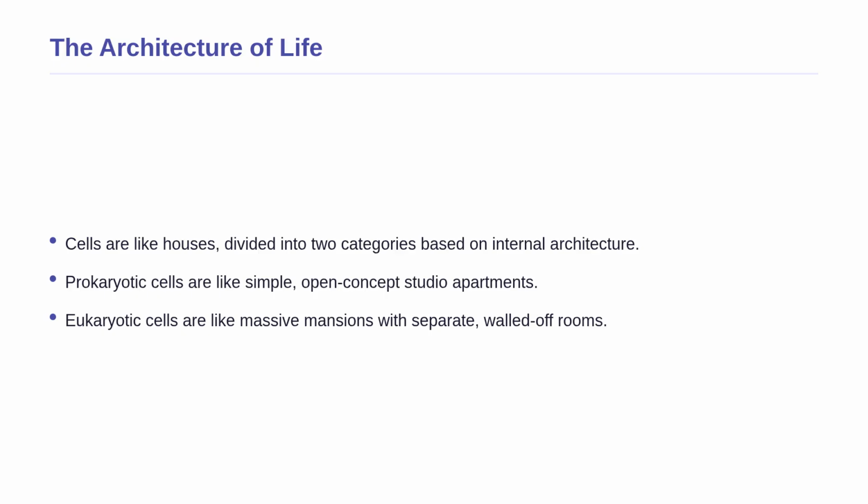Imagine you are looking at two very different types of houses. One is a simple, open-concept studio apartment, where the kitchen, bed, and living space are all in one single room. The other is a massive mansion with separate, walled-off rooms for cooking, sleeping, and working.